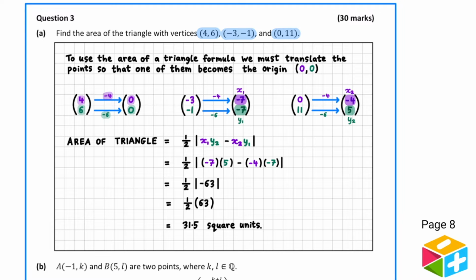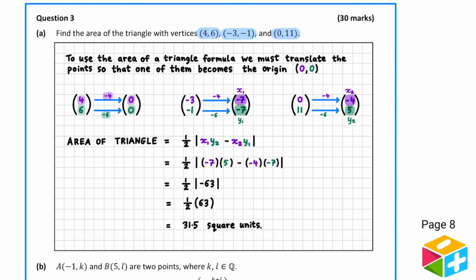This gives us the x1 and y1 values for our formula. 0 minus 4 is minus 4, and 11 minus 6 is 5. So 0, 11 gets translated to minus 4, 5. This gives us the x2 and y2 values for the formula.